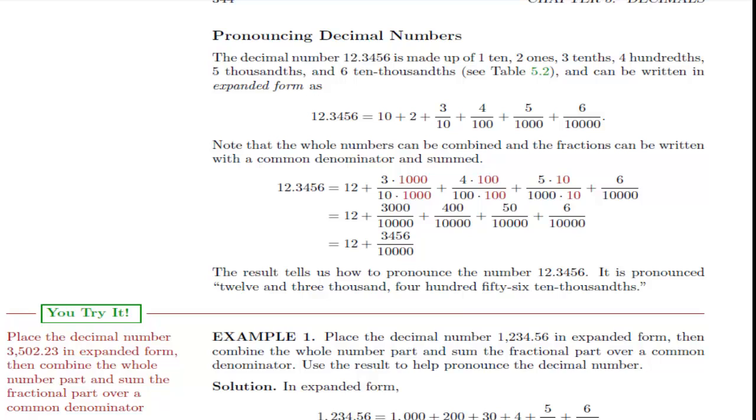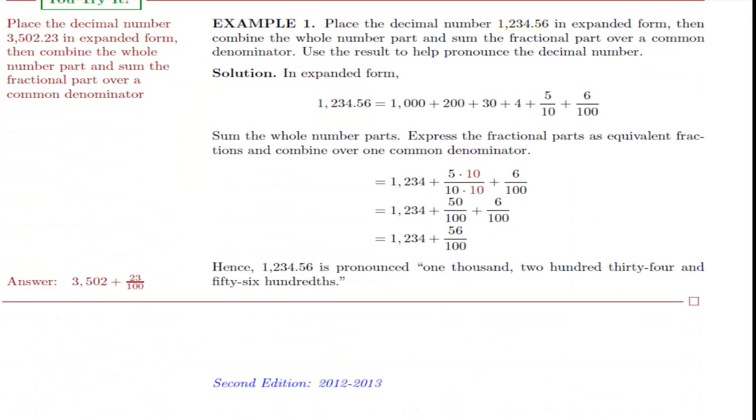And 6 over 10,000 doesn't change since our common denominator is 10,000. Adding all our numerators together, we get 3,456 over 10,000. The result tells us how to pronounce the number. It is pronounced 12 and 3,456 ten-thousandths.